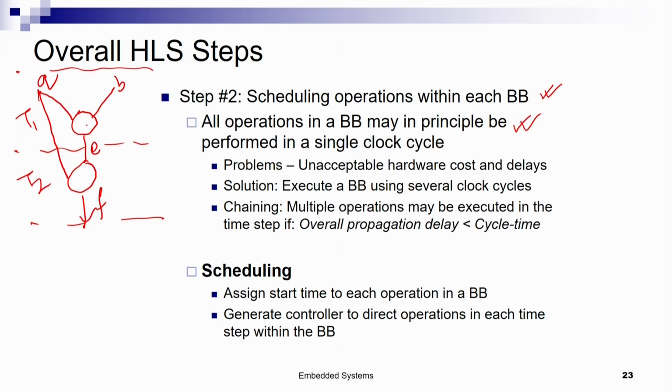So, that required 2 time cycles, but we are saying that all operations in a basic block may in principle be performed in a single clock cycle. Could we have done this in the same clock cycle? With the resource constraints that we had over there, we could not have done it.